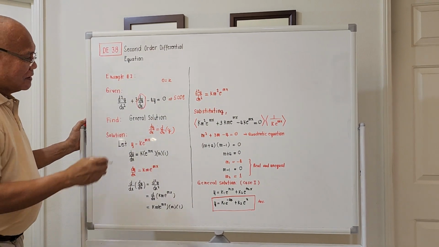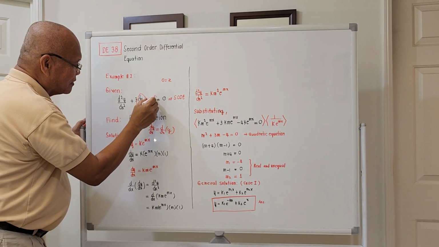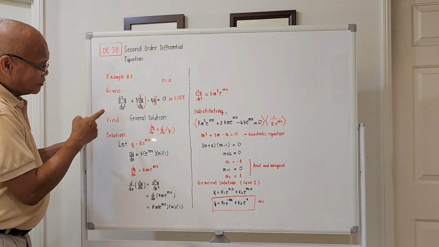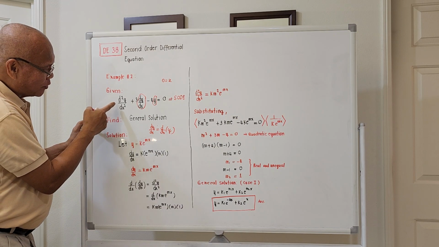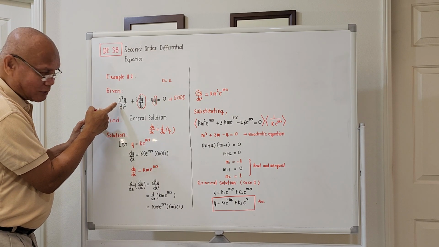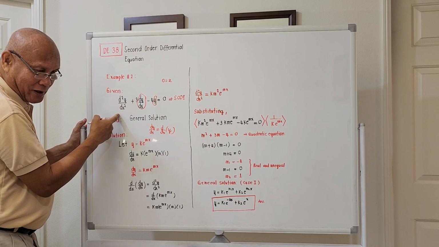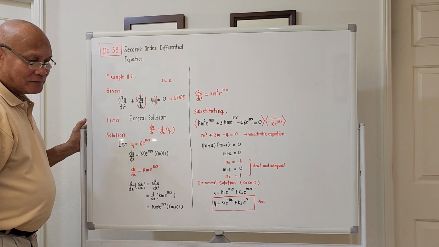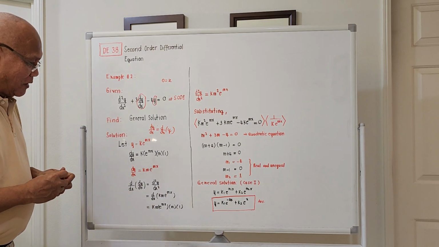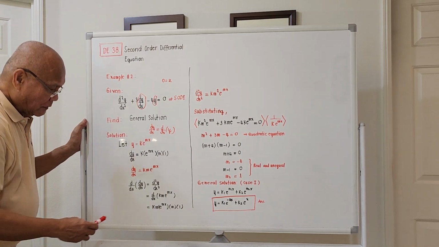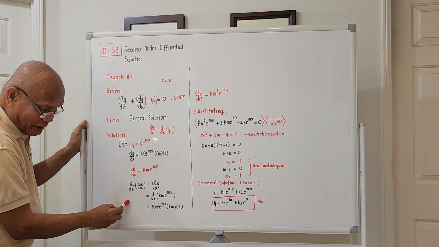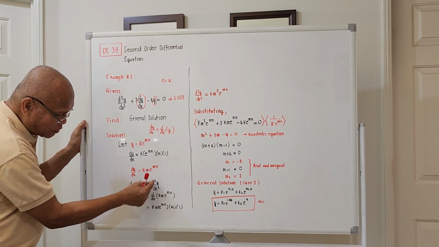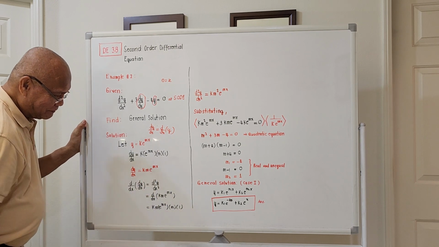Right? And so with this y here. So we are going to solve for the so-called d square y over dx square, or the second derivative of y with respect to x. And I place it here. The derivative with respect to x of the first derivative is actually d square y over dx square.